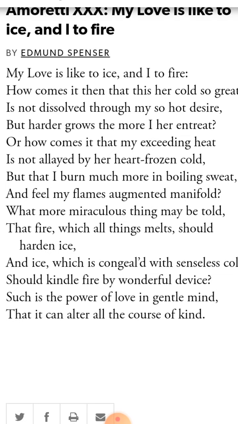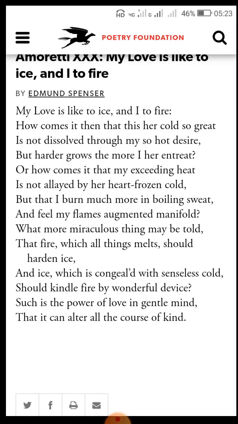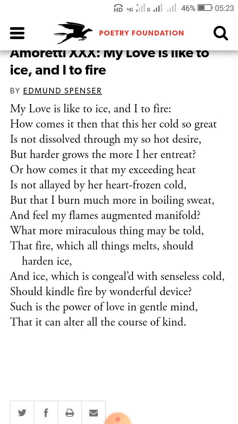It is not being melted but harder, and ice which is congealed with senseless cold such kindle fire by a wonderful device.